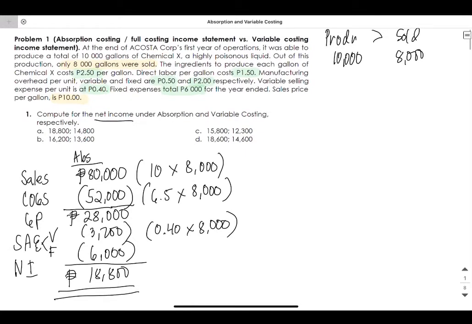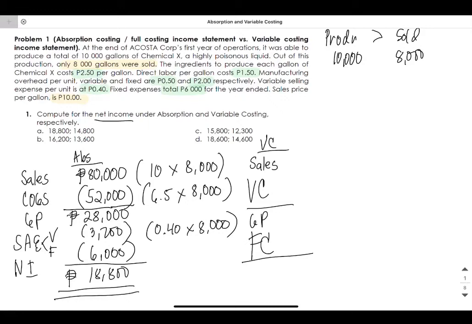Now, under variable costing, we have to make use of the contribution income statement. The contribution income statement will be presented as follows. Still, the starting point would be sales. Sales less variable cost, and then contribution margin less fixed cost.